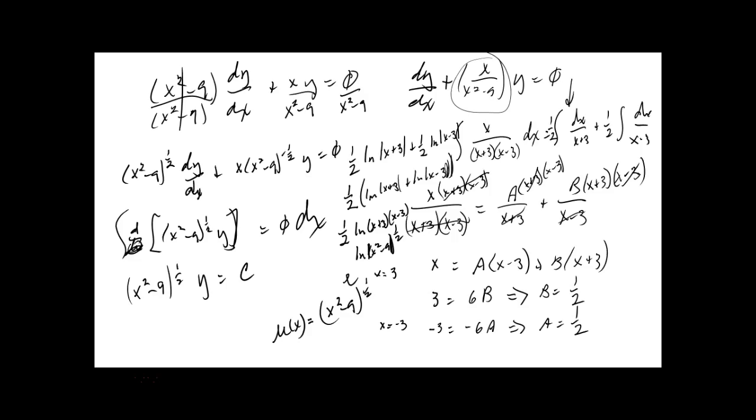Right? Okay? So then what we do now is divide by x squared minus 9 to the 1/2. So y is equal to some c over x squared minus 9 to the 1/2 power. All right. Lots of steps, huh? And they wrote it as square root of x squared minus 9.